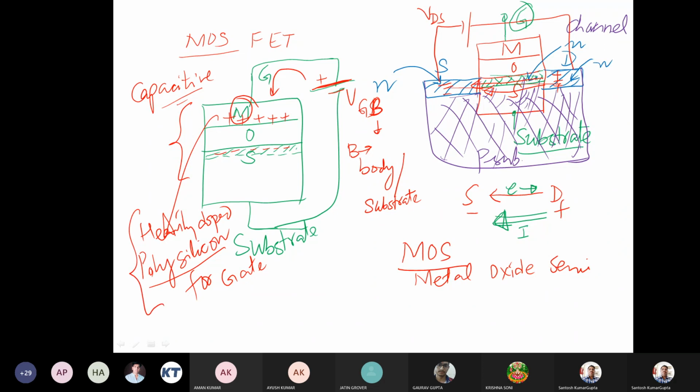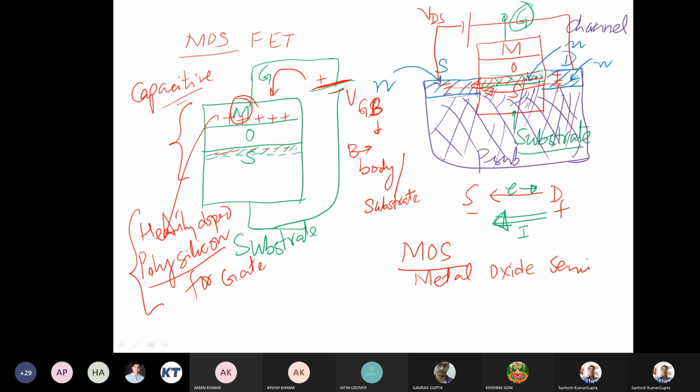Either we use metal or this heavily doped polysilicon, which is quite cheap. That's why it has been used. So it has metal-like characteristics.